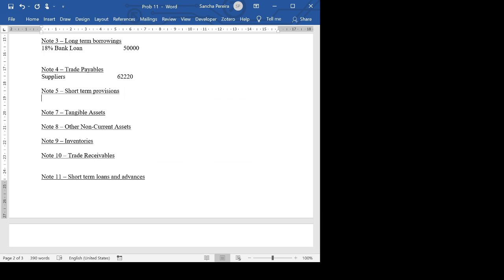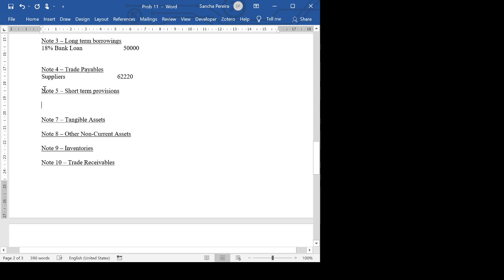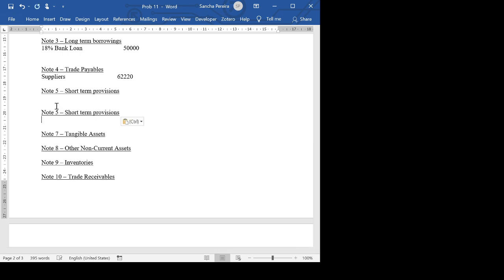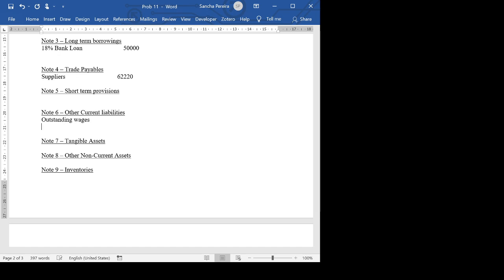Other current liabilities, we do have something in this problem. So I will have to create a note for that. Note 6, other current liabilities. So we have outstanding wages and outstanding salaries, which will also be added to wages and salaries in the profit and loss account.